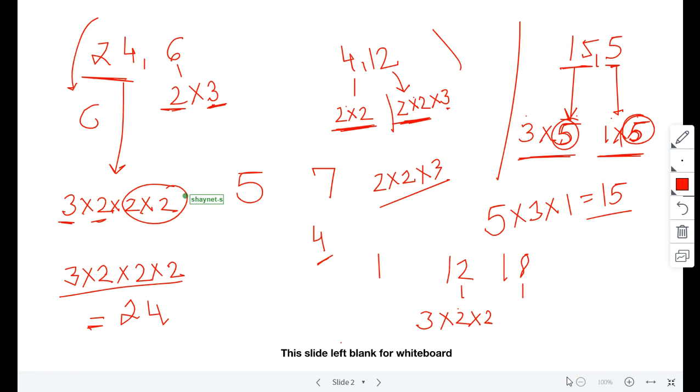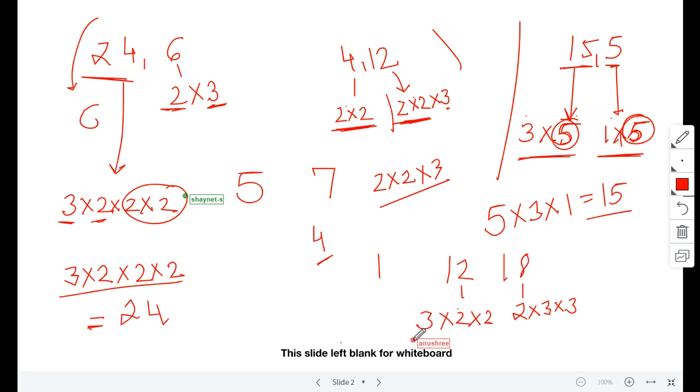How can you factorize 18? I don't know what to 18, sorry. How can you factorize 18? See, you can write 18 as 2 multiplied by 3 multiplied by 3, right? Yeah. These are the prime factors.